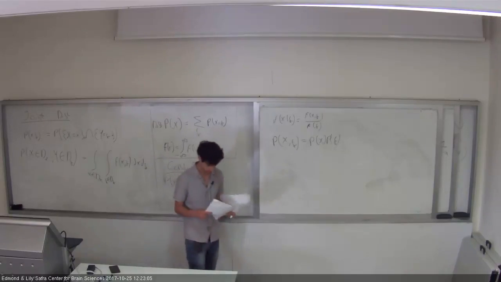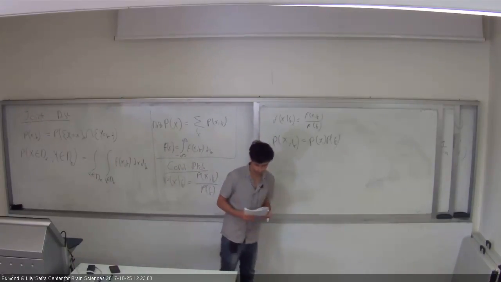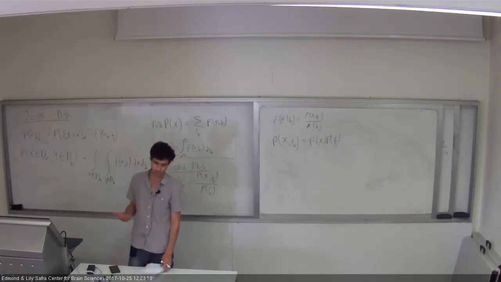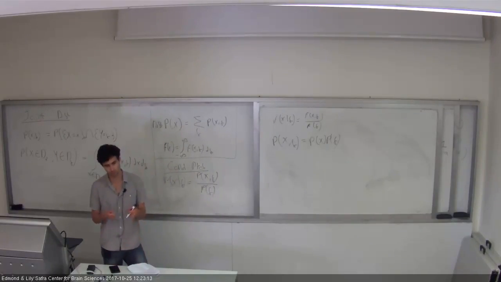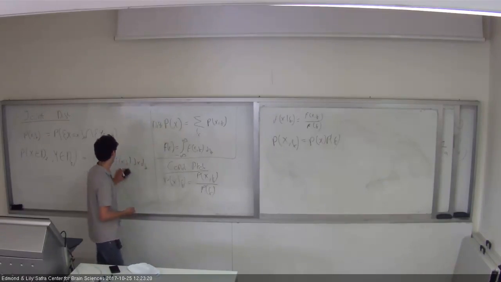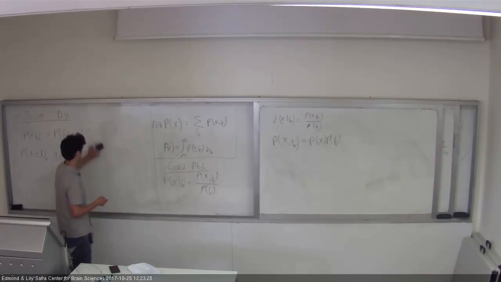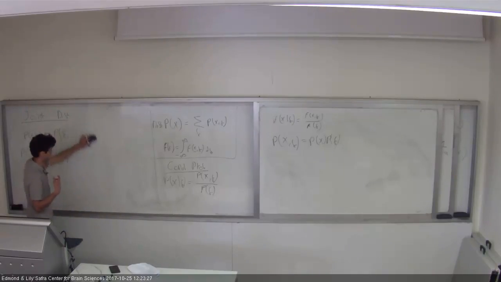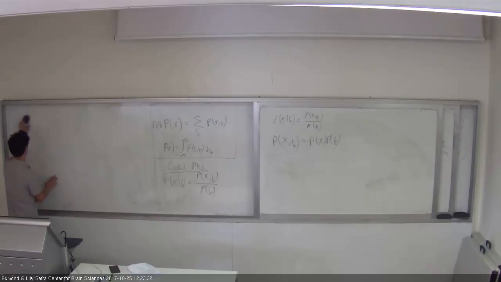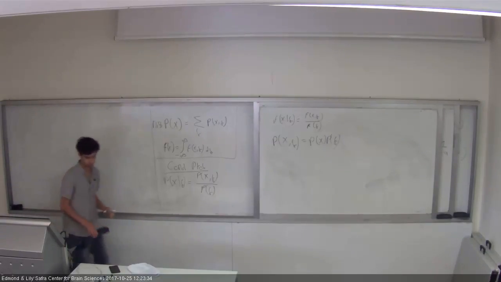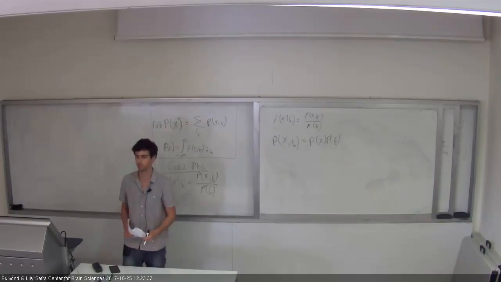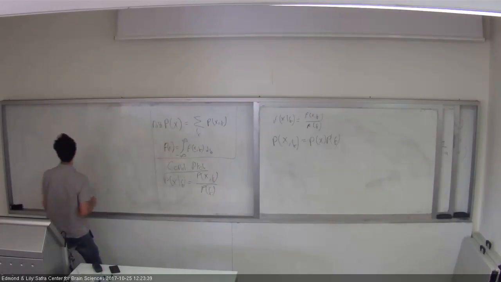Now let's talk about this. In some cases we are interested not in the random variables themselves, but in some function of the random variables. An example of this is the moments of the random variables, and the first one is the mean or the expected value of a random variable.